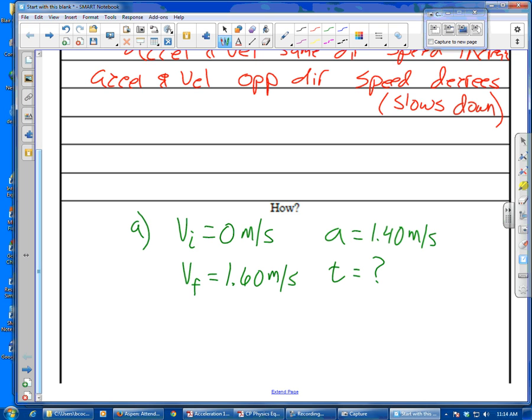And that's probably the other thing I could have up here in my Y, that acceleration is the rate of change of the velocity.